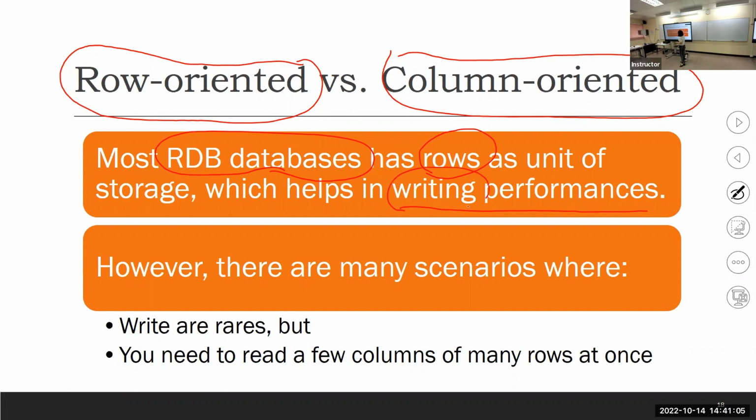So writing could be easily handled. However, for certain scenarios or use cases, if writes are rare, if you have application requirements that may not require a lot of writing, but you perhaps want more of the reading.